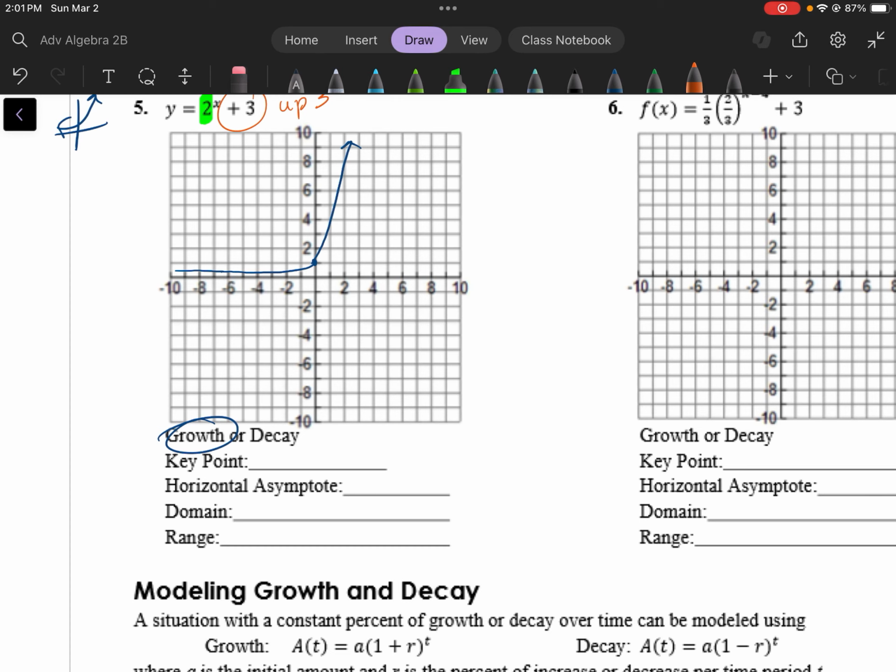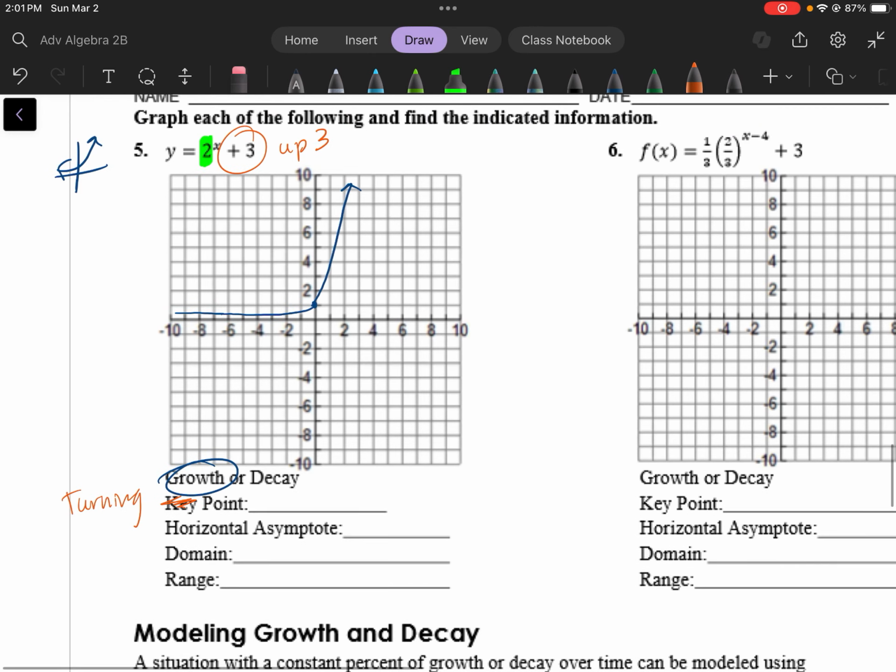So the key point, and again, I'm changing this to say turning point. Yours may already say turning point. But the turning point was 0, 1, and now it's going to move up to 0, 4. Okay, so this is going to be at 0, 4. The horizontal asymptote of the original parent is at y equals 0.